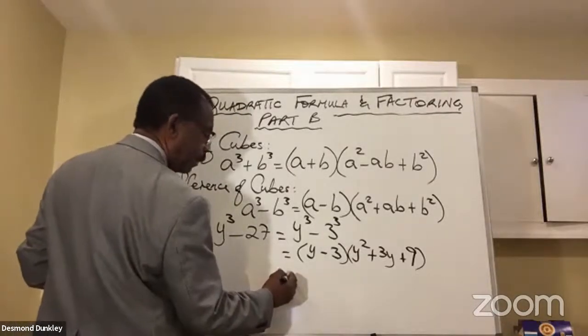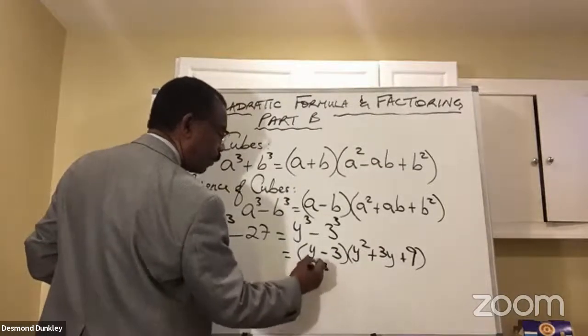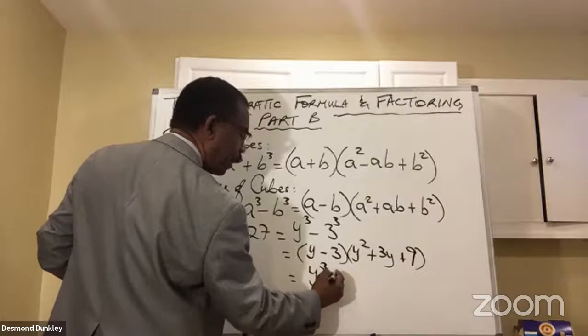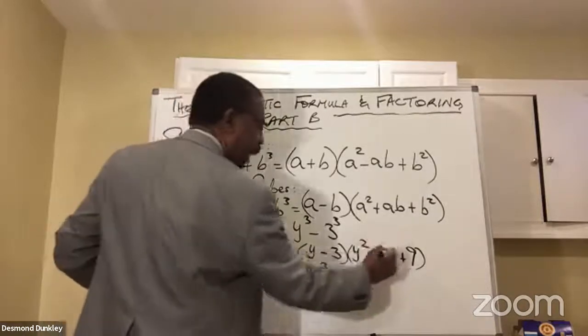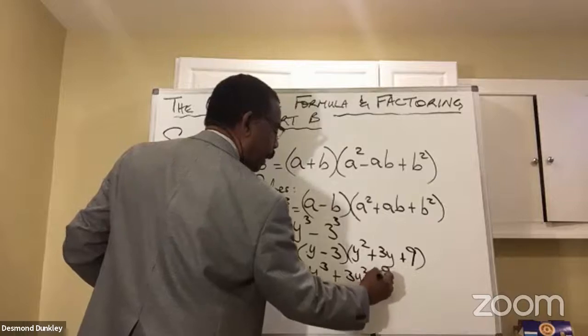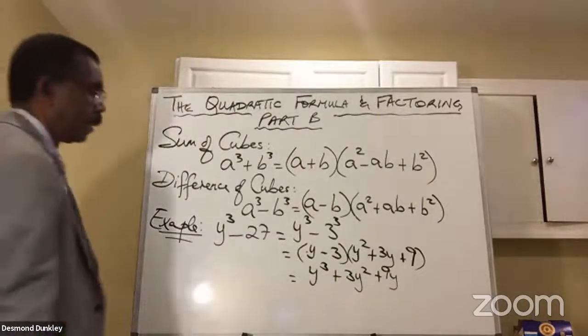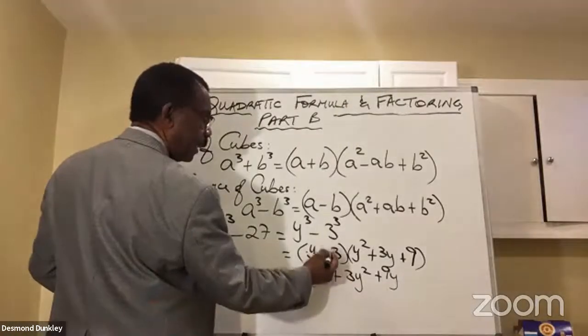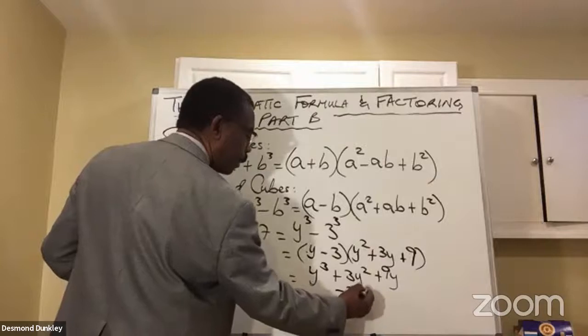So let's check. y times y squared, y cubed. y times 3y, plus 3y squared. y times 9, plus 9y. So I'm finished multiplying by y. I'm going to multiply by negative 3. Negative 3 times y squared, negative 3y squared.